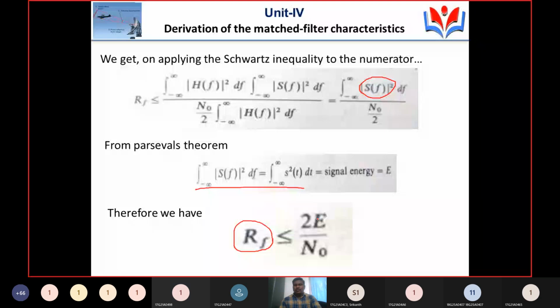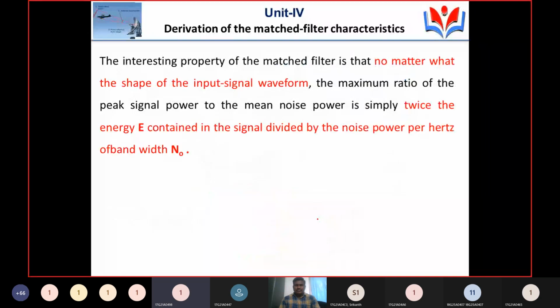Now we will see some conclusions. The interesting property of the matched filter is that no matter what the shape of the input signal waveform, the maximum ratio of the peak signal power to the mean noise power is simply twice the energy contained in the signal divided by the noise power per hertz of bandwidth, N0.